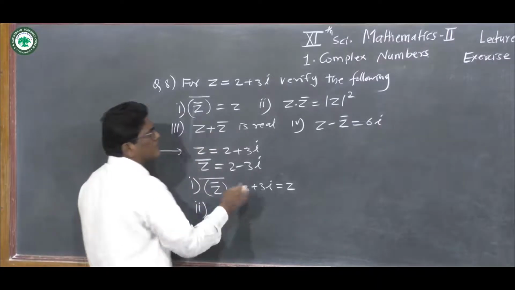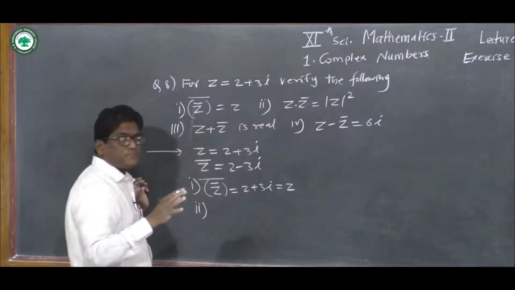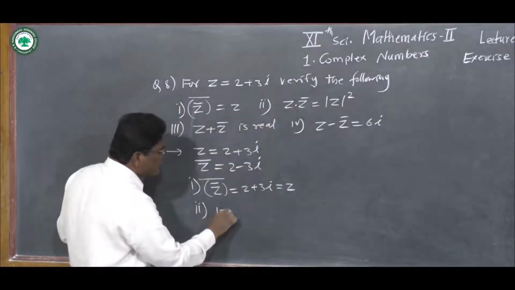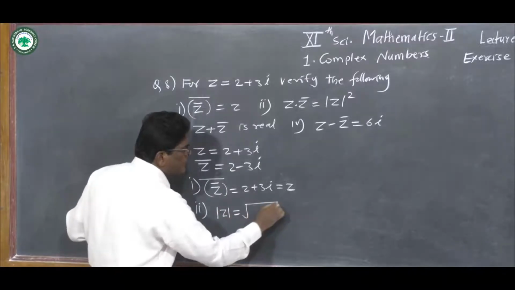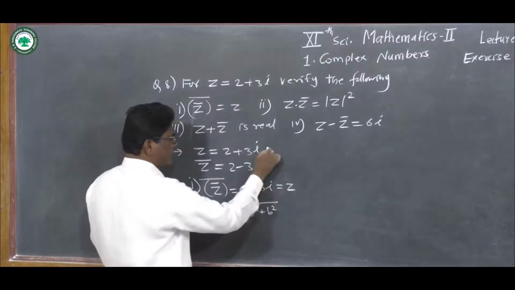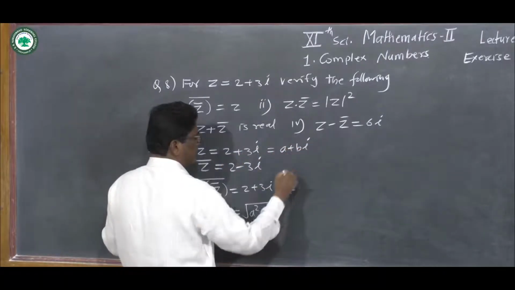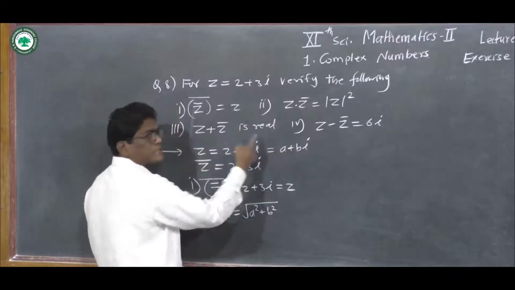Now the second one. Here we first find mod Z. Mod of Z is equal to under root of a square plus b square. If we compare this Z with a plus bi, we know here a is 2 and b is 3.